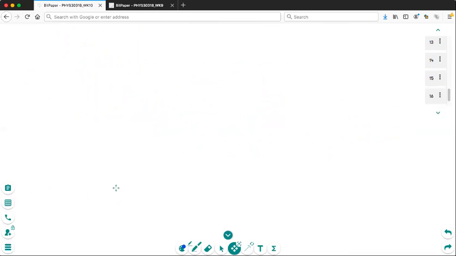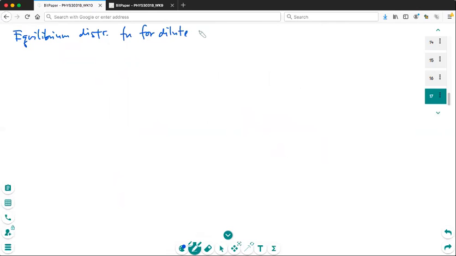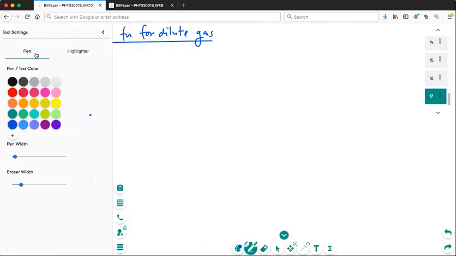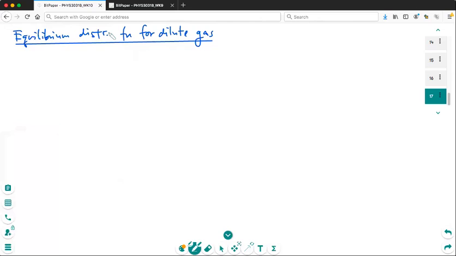Okay, next, let's continue. We want to get the distribution function. So we want to get the equilibrium distribution for the dilute gas. How do we do that? This is something you have done before.